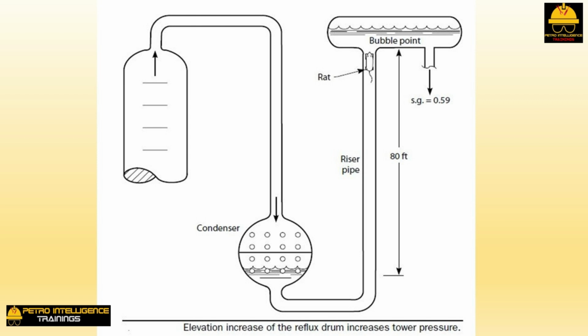This means that 80 feet of liquid exerted a head pressure of about 20 psig. 80 feet divided by 2.31 feet of H2O per psi, times 0.59 specific gravity butane divided by 1.00 specific gravity H2O, equals 20 psig. This elevation head loss of 20 psig had the same effect on the condenser and on the tower's pressure as did the rat or the project engineer's frictional loss.